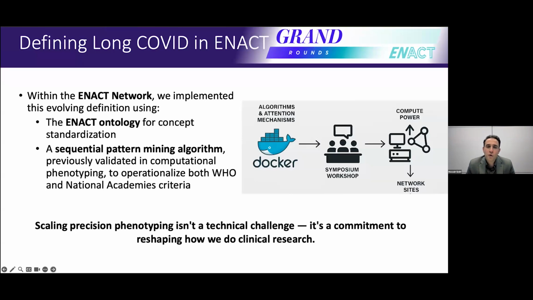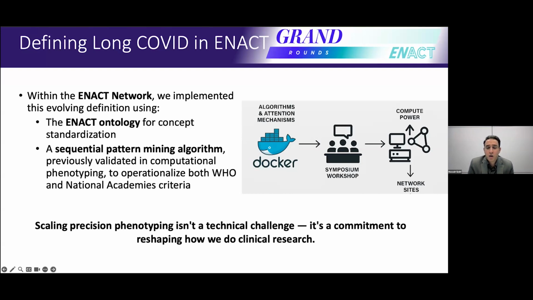So in 2024, we made our first big push to implement the long COVID precision phenotyping algorithm across ENACT. At the heart, the model was a temporal attention mechanism drawn from the MGB dataset designed to prioritize clinical patterns that mattered most after COVID.